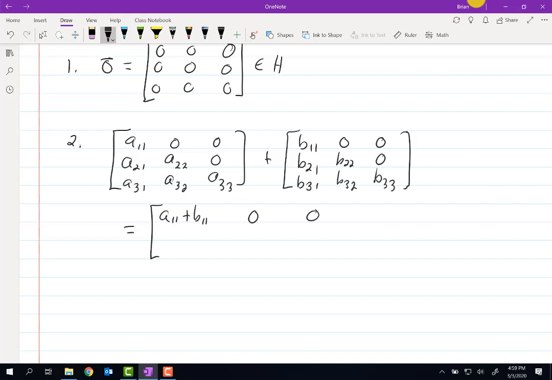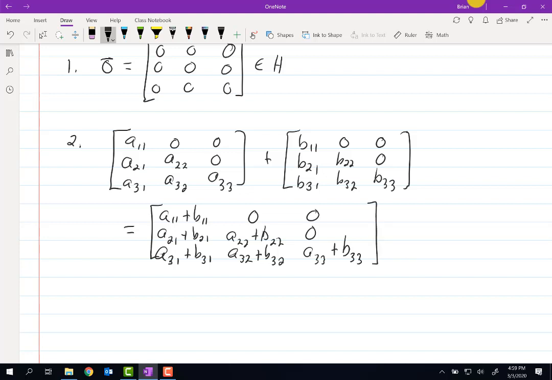For the second row, we add a21 plus b21. That's the first entry. The next entry, I have a22 plus b22. And then 0 plus 0 is still 0. And then finally, a31 plus b31, a32 plus b32, and then a33 plus b33.